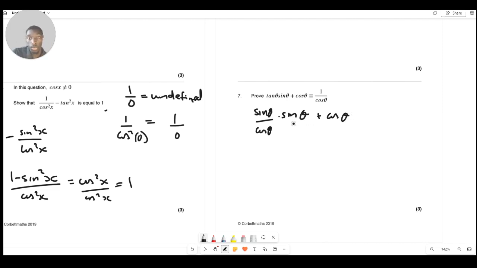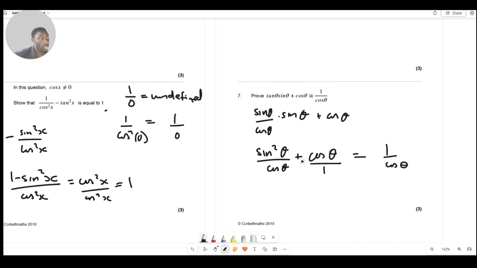Now, what I could do is have my sine squared theta over cos theta plus cos theta. Now, I want to make this cos theta as a fraction, so I'm going to put a 1 underneath, and that's going to equal to 1 over cos theta.